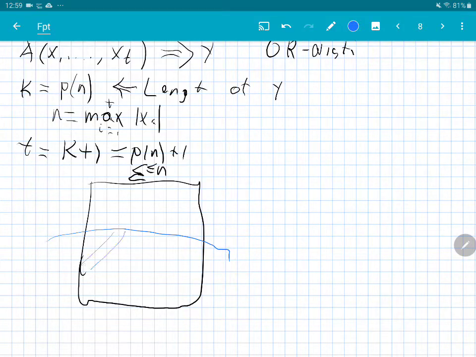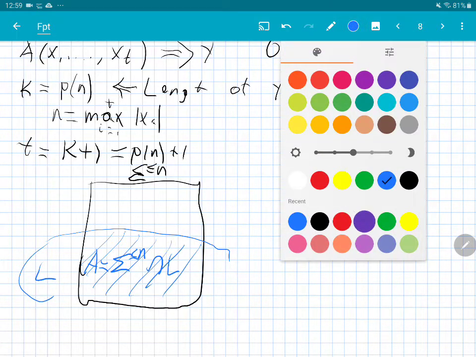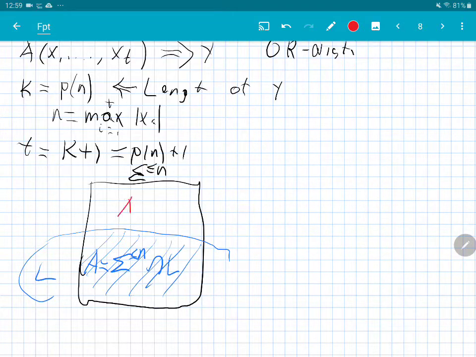This part in the middle is sigma to the at most n intersection with L, which we're going to refer to as A. A are the good strings. Essentially, we are trying to come up with an algorithm that would decide whether a string is in A or in the complement of A. That's really what we are trying to do.